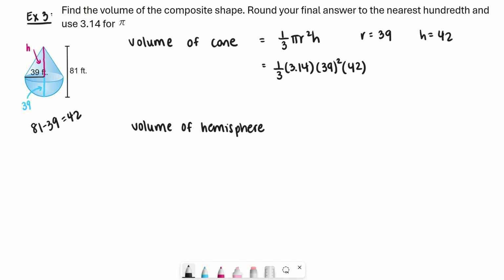Then we can plug all of this into our formula and replace pi with 3.14, and that will give me 66,863.16 feet cubed.